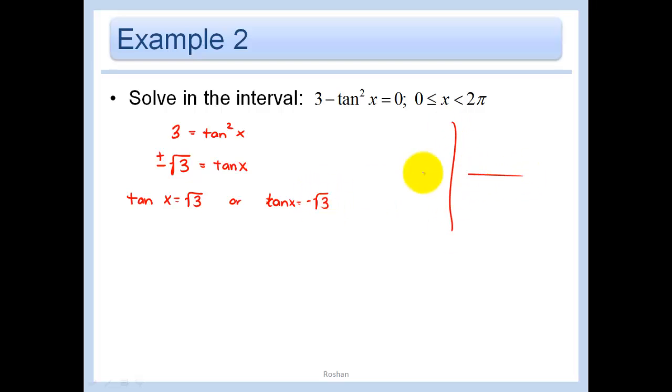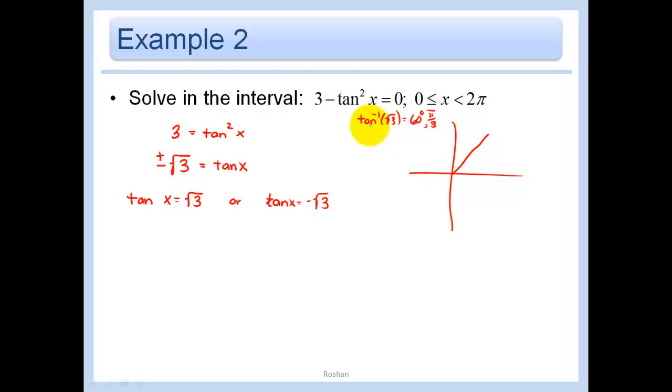Where does that happen on our unit circle? Well, hopefully you know by now that the inverse tangent of root 3 is 60 degrees or pi over 3. If you don't know that, I just don't know what I'm going to do with you at this point. So where is the tangent positive? The tangent is positive here, right?